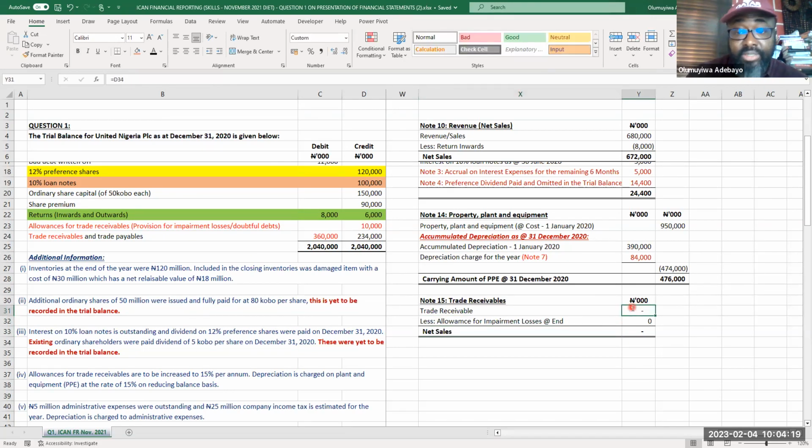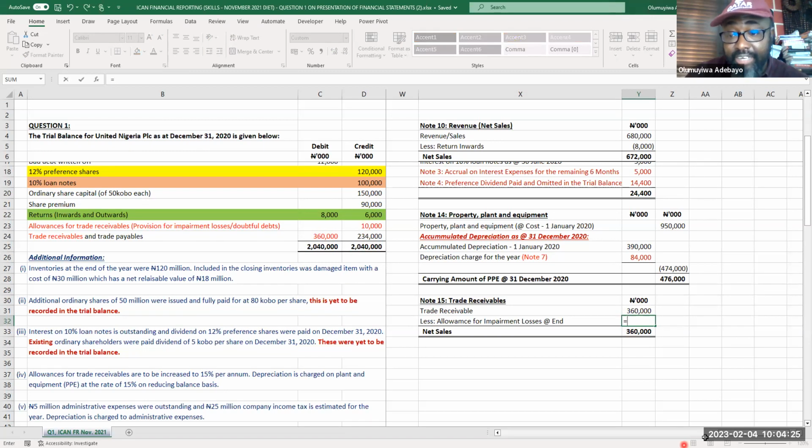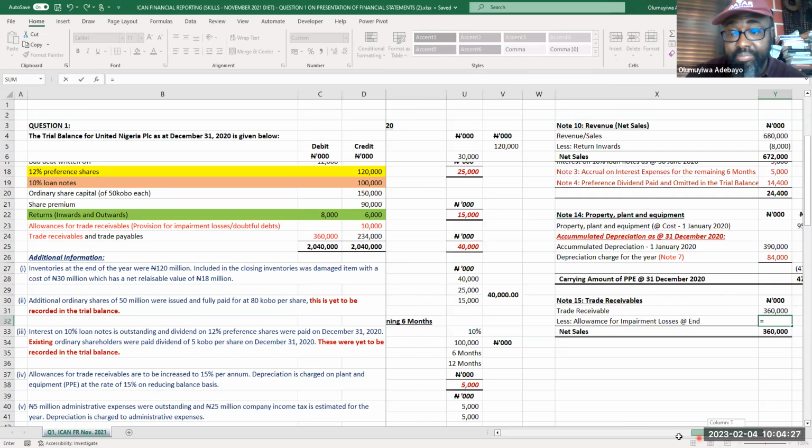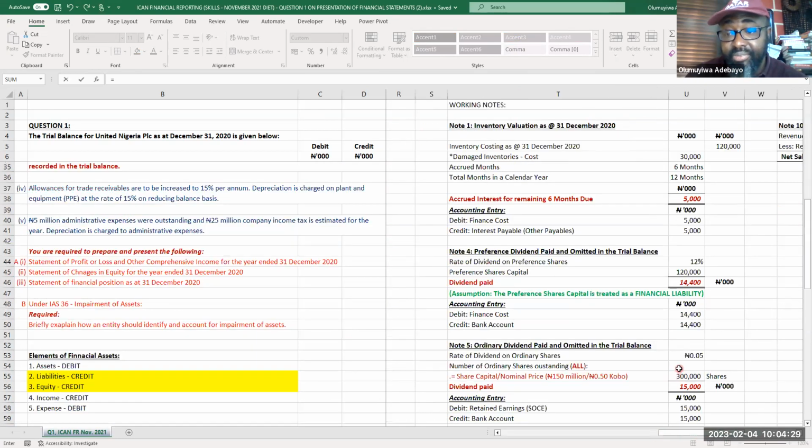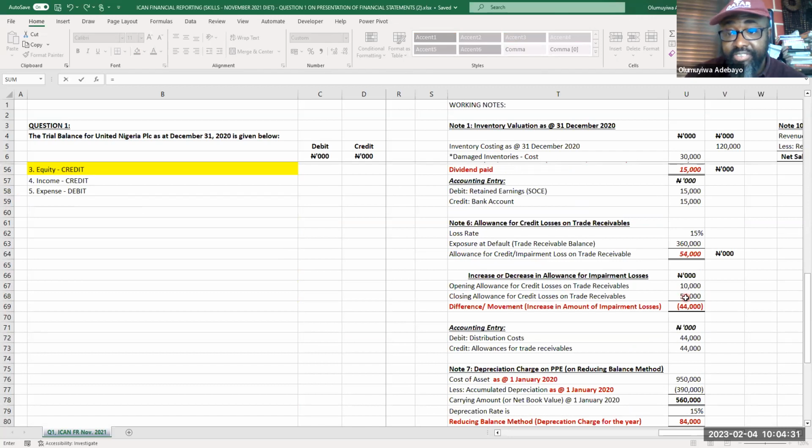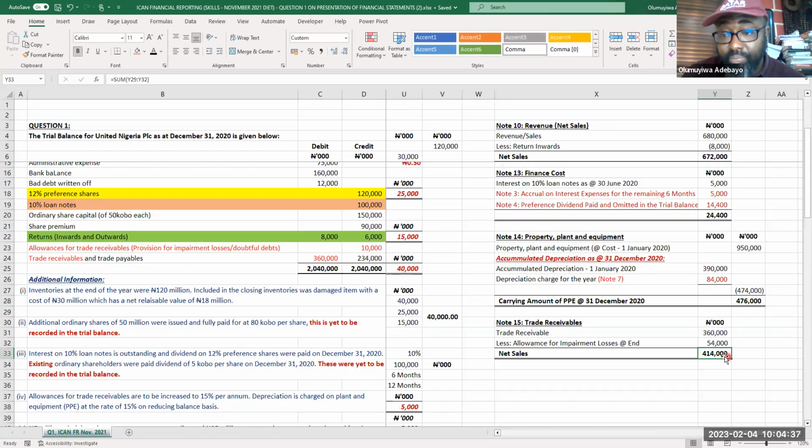Okay, what is my trade receivable? Remember, it's 360. My allowance is no longer 10. It is now 54, if you remember. Where do you have that 54? It is 54, because you have increased it by 44. Okay. I put this as a deduction, negative.